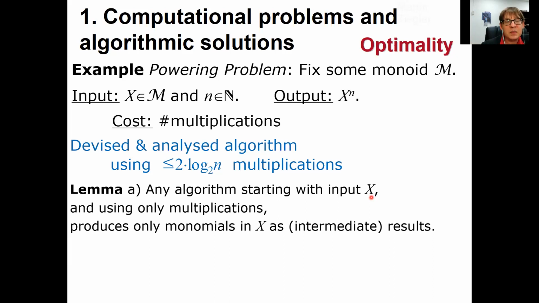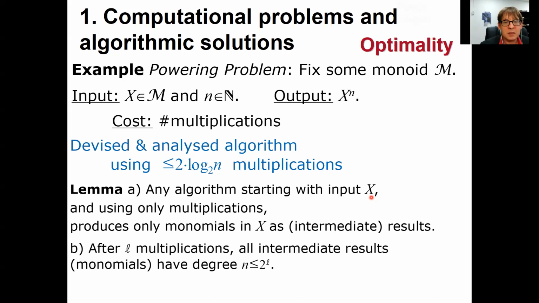An algorithm using 1 multiplication can at most multiply the input x to itself, resulting in x squared, which is a monomial, and so on. Whenever the intermediate results are only monomials, and we apply a multiplication of 2 such monomials, the result is again a monomial. That's the induction step of this simple statement.